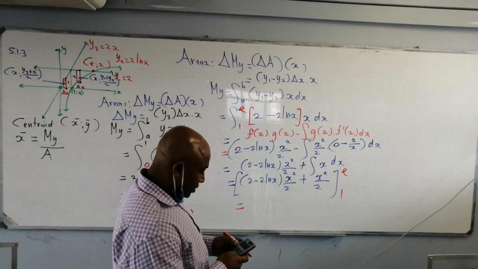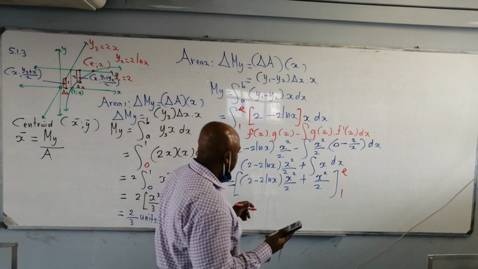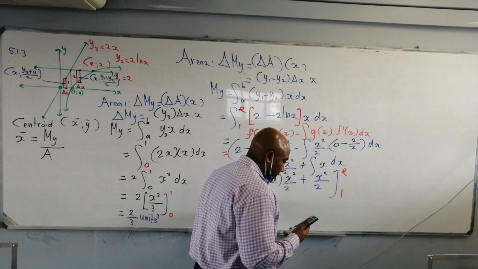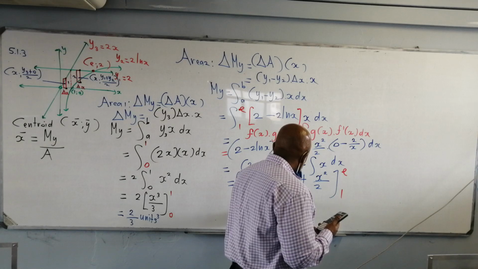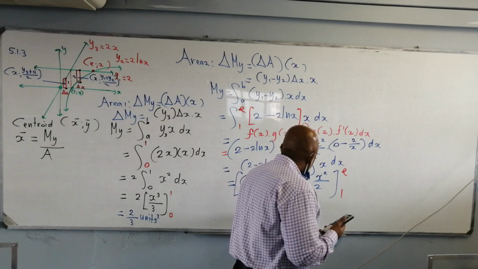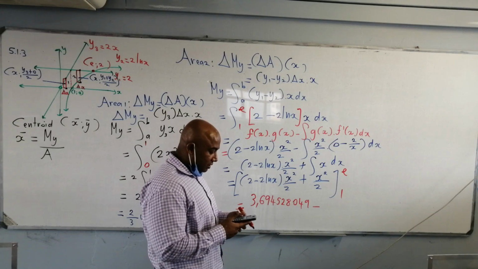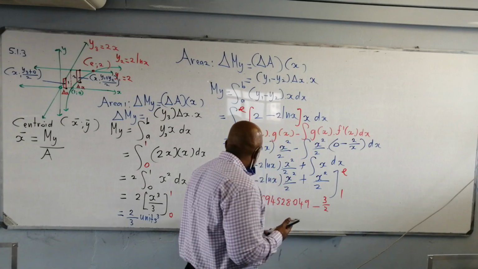So what are we substituting? E. So when we substitute e, we are getting 3,694,528,049 minus, if you substitute 1, you are getting 3 over 2.